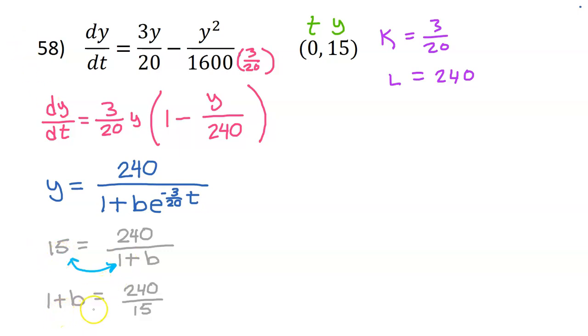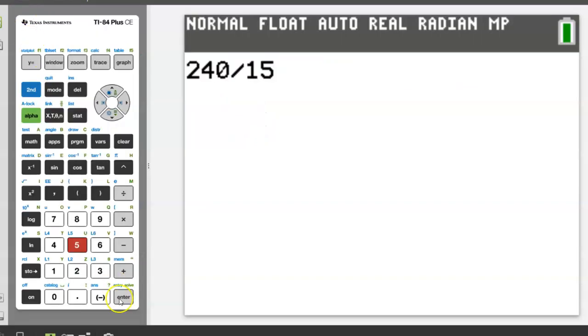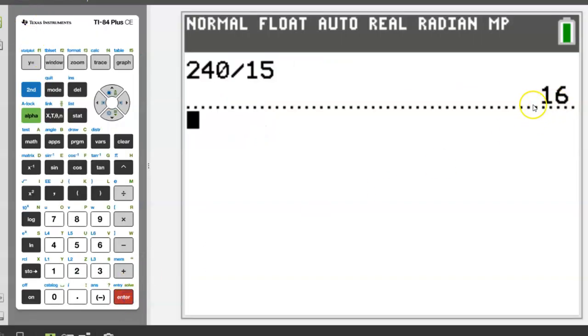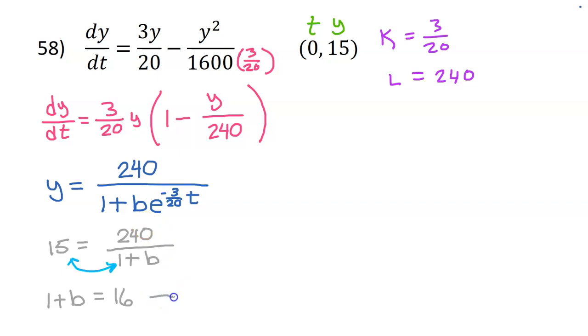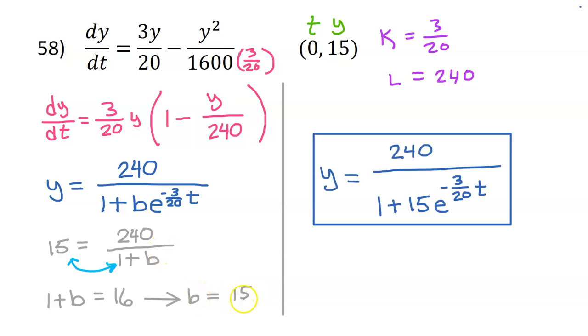So we get 1 plus b is equal to 240 over 15. That's 16. Subtracting 1 from both sides gives us b equals 15. Substituting 15 back in for b gives us the final answer.